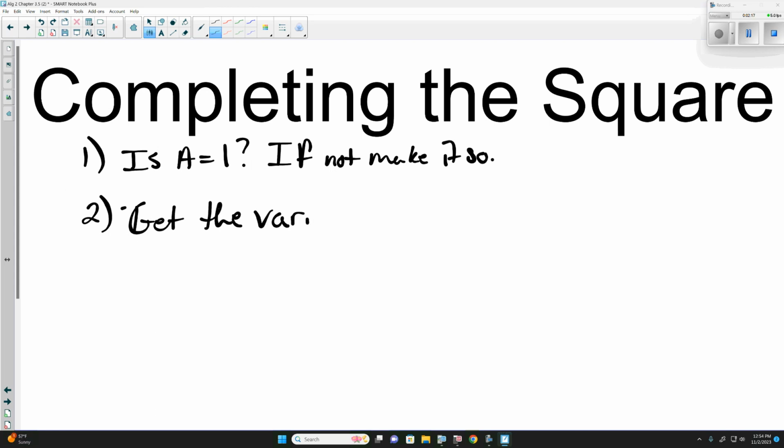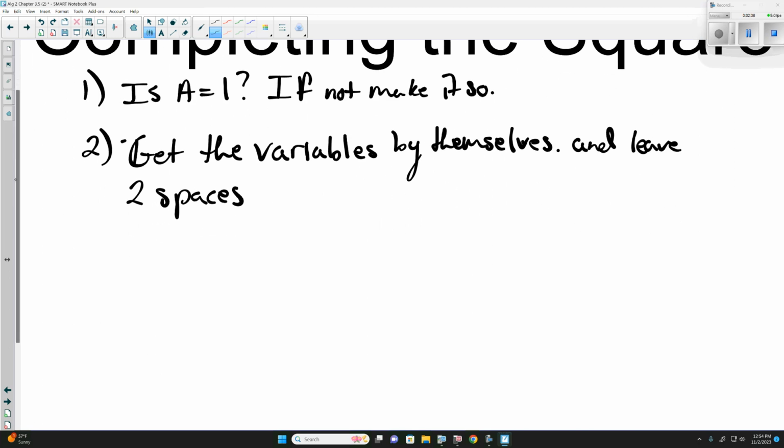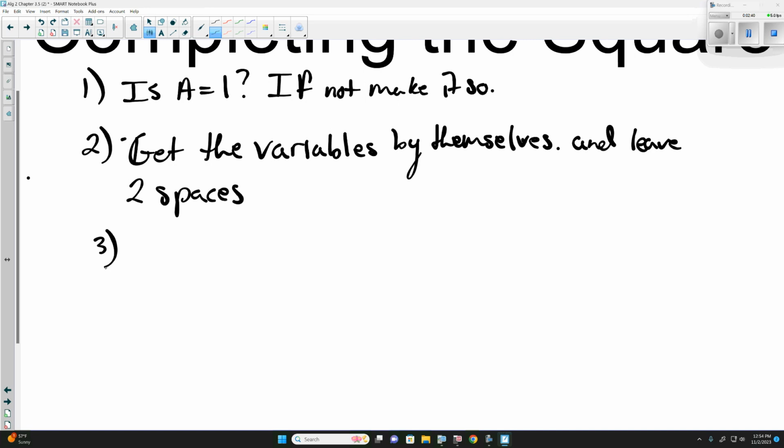Our second step is to get the variables by themselves and leave 2 spaces. The third step is to find c, which is our b over 2 squared, and plug in.